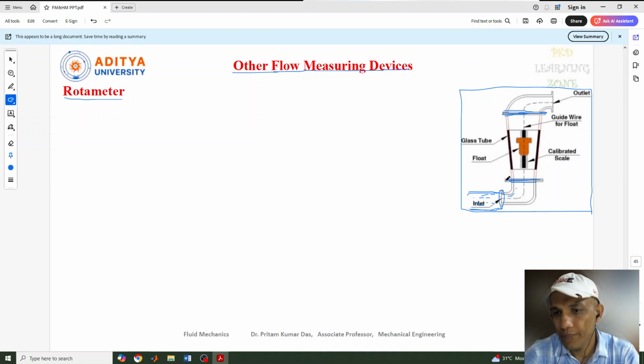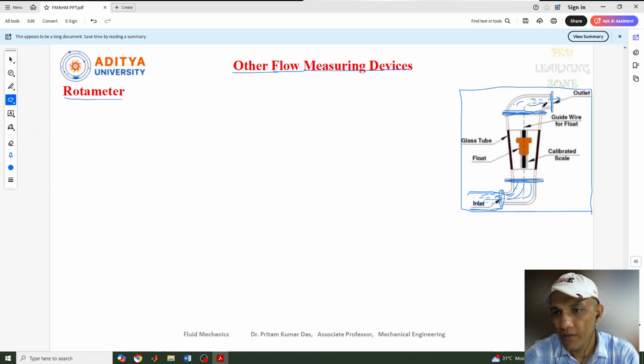This is the bottom level, and this is the top level of the scale, and this pipe is connected. So here we can show this is the outlet, and this is the inlet part. The liquid which is coming inside this rotameter will continuously flow through this pipe, and after flowing it goes out through this outlet.